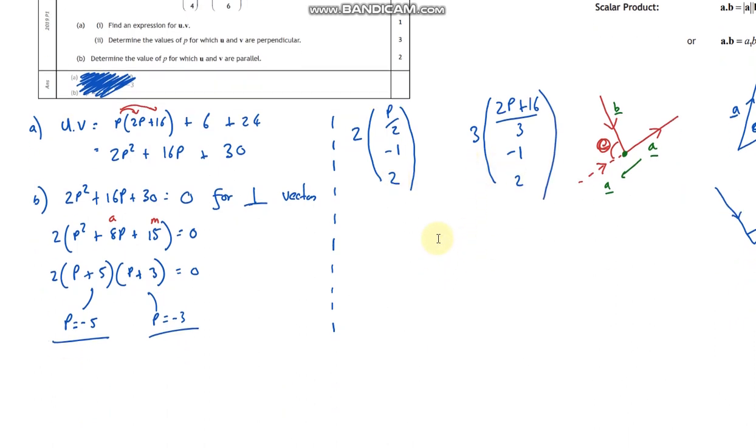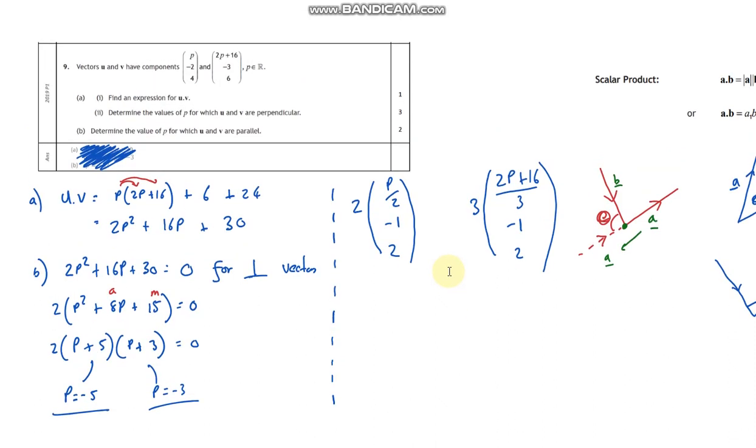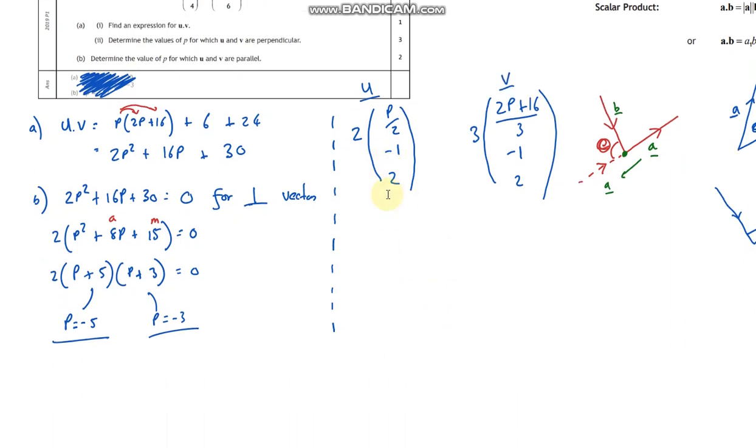So what I've drawn there is vector u and vector v. Now, you can think on that. I've got 2 of this base vector over here. That's going to be my u. So u is made up of 2 of these, v is made up of 3.